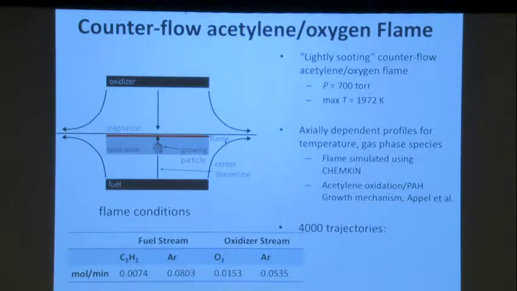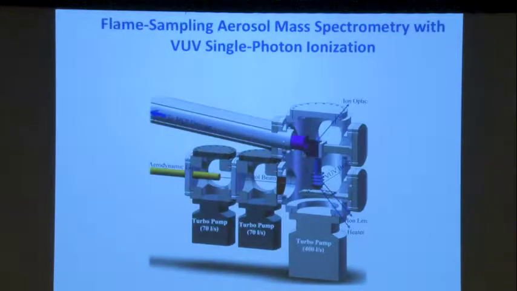So the question for us was more like, they could measure materials in the flame. They will sample, and the thing for us is, can you model this? The type of experiment that they had is called flame sampling aerosol mass spectrometry with vacuum ultraviolet single photoionization.